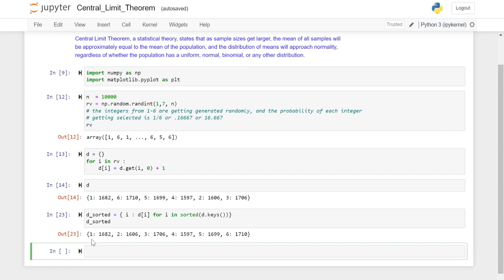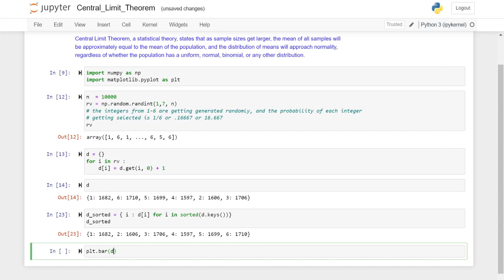So on the x-axis, it will be 1, 2, 3, 4, 5, 6 keys. And these numbers will be on the y-axis and the height will be the same. And then we will call this distribution a uniform distribution. All the numbers have the same frequency. That is what it means.